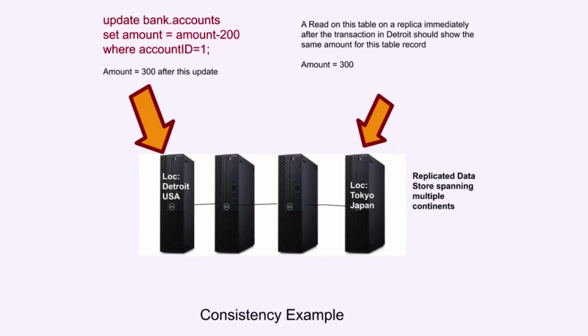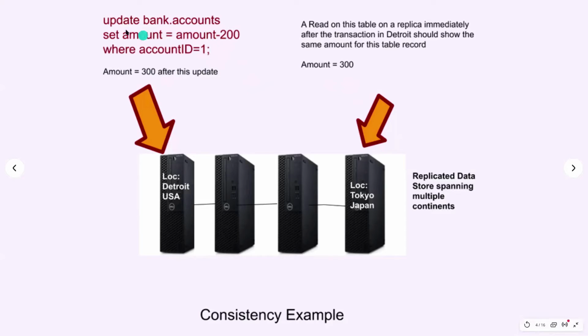And the next instant, if somebody from Tokyo is trying to read your account and find out how much money you have in your account at that instant of time, it should still show them $300, right? It's not going to show whatever you had previously, which must be 500, because your present account value is 300.